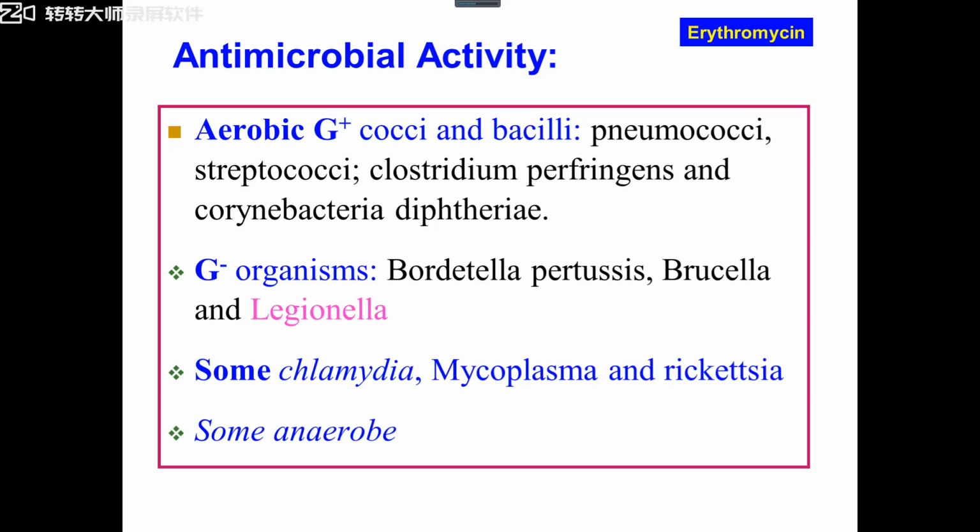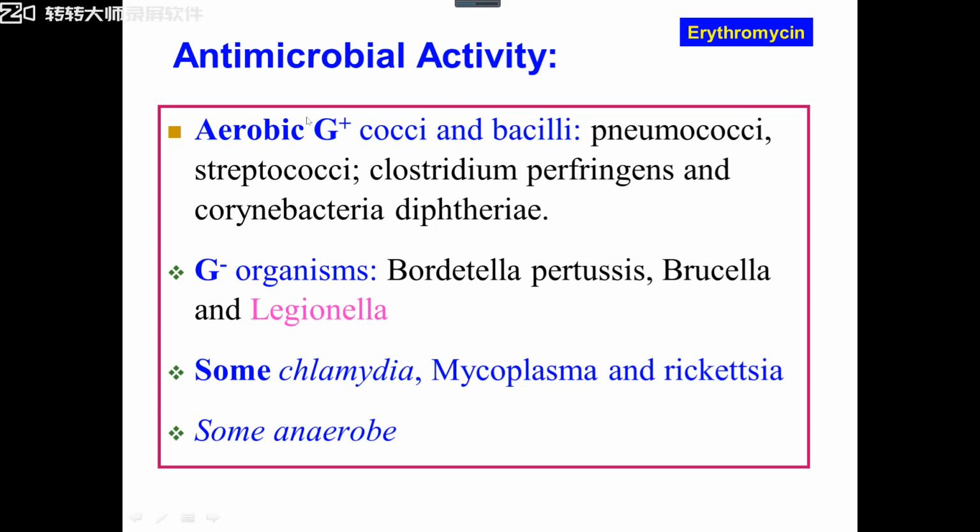The second word is bacteriostatic agents. What's the meaning of bacteriostatic agent? We also studied it: it means they only inhibit bacterial growth and couldn't kill bacteria. So let's study erythromycins, narrow-spectrum, bacteriostatic agents.